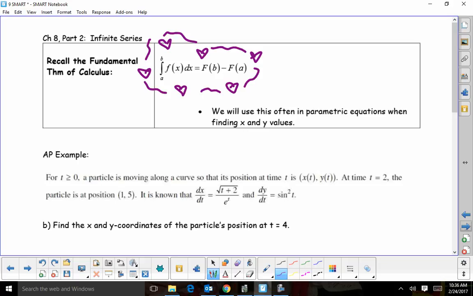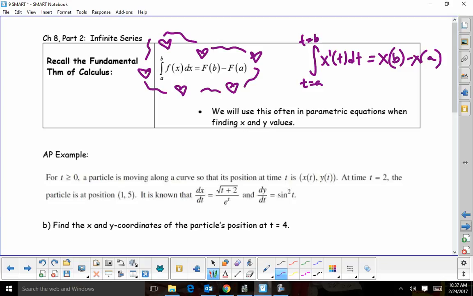We're going to use this in parametric equations. A lot of times you're going to have this from some time to some time, and you'll have an x prime of t dt, where you're going to have x of b minus x of a. So you could see it with the x's or the y's.